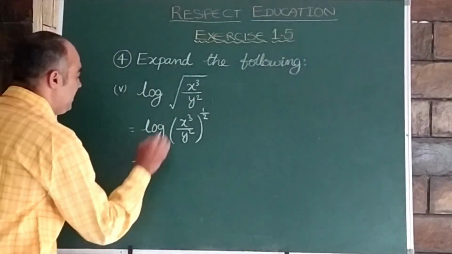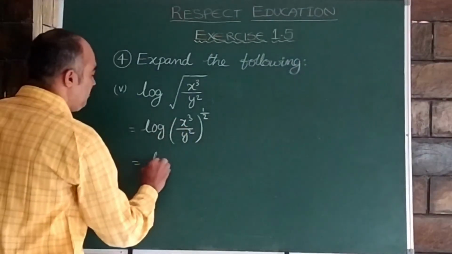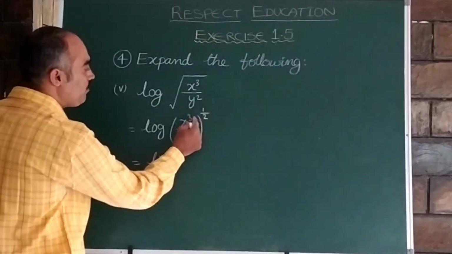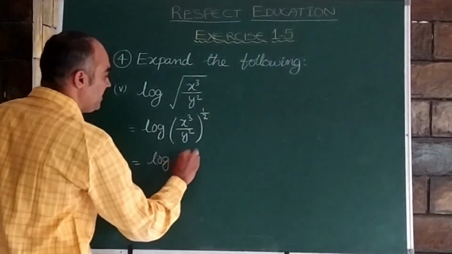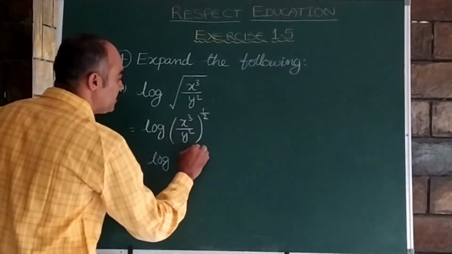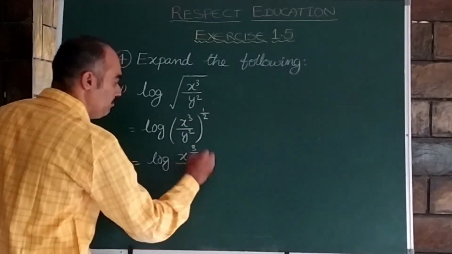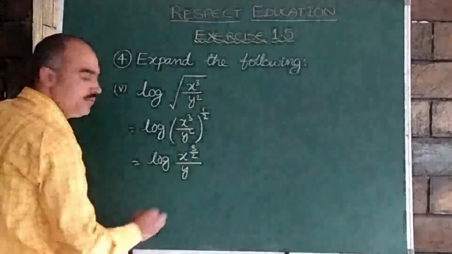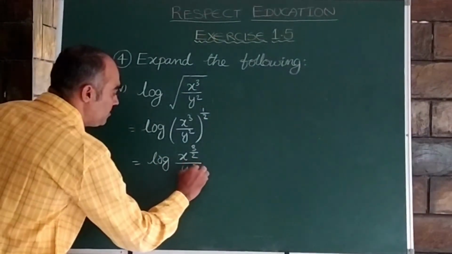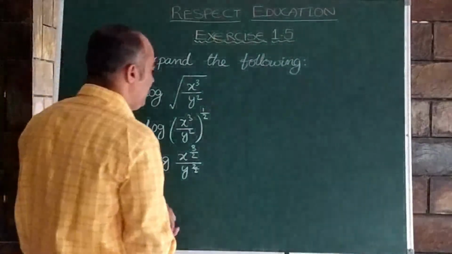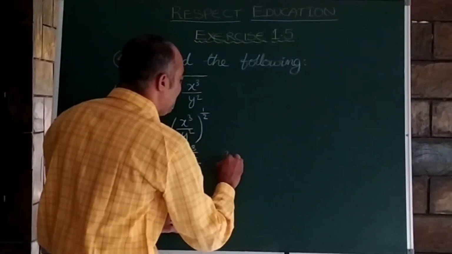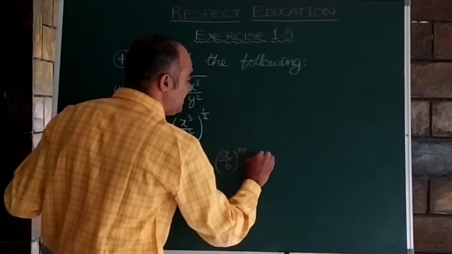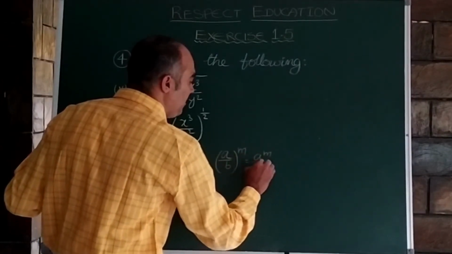So here log, let us split the same power for both. X power 3 into 1 by 2, that is 3 by 2, by y power 2 into 1 by 2, that is 2 by 2. Here the formula we have applied: a by b whole power m can be written as a power m by b power m.